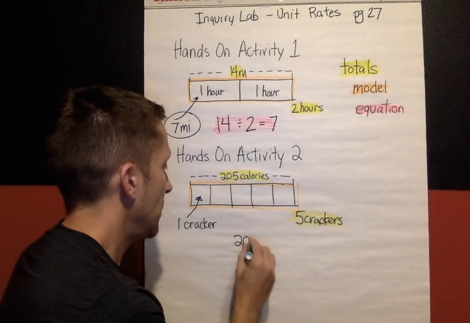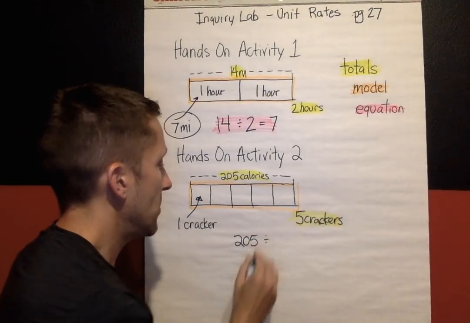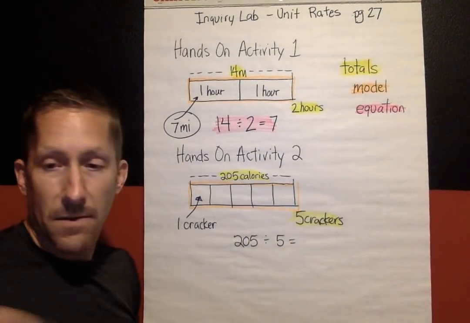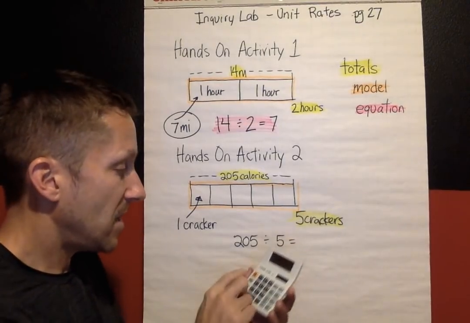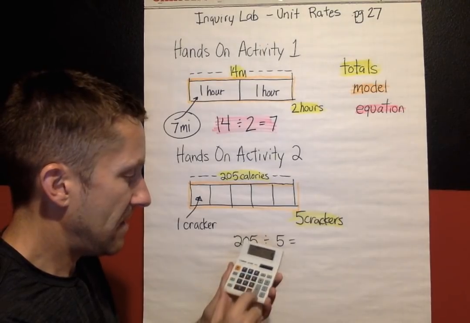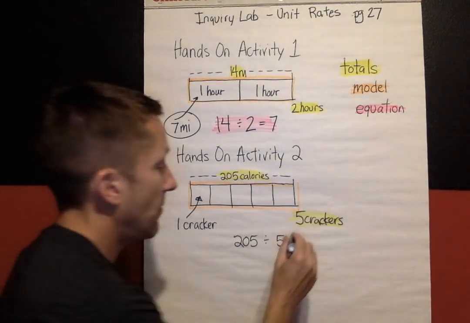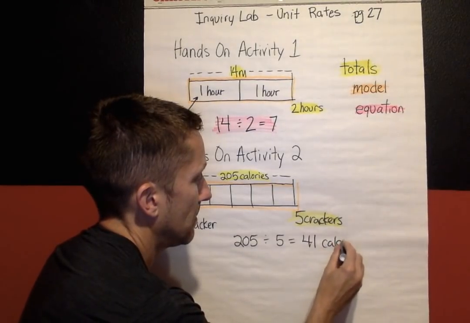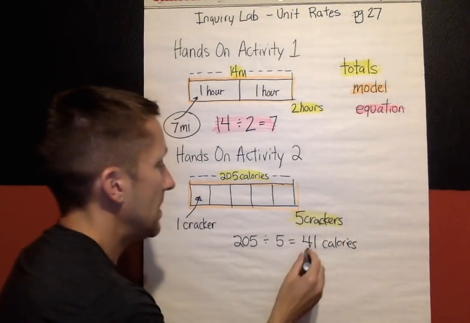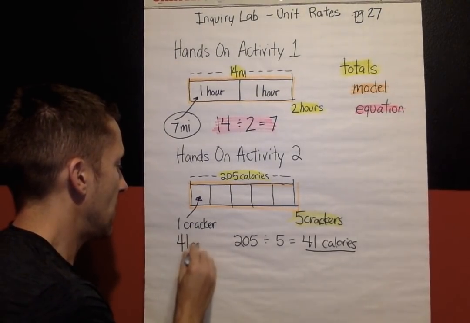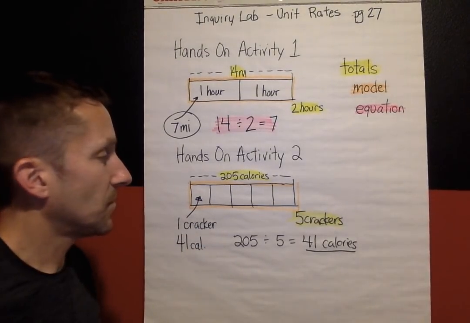So the equation I would need to solve is 205 divided by 5. Calculator if you need it. 205 divided by 5 is 41 calories in that one cracker. So one cracker is 41 calories.